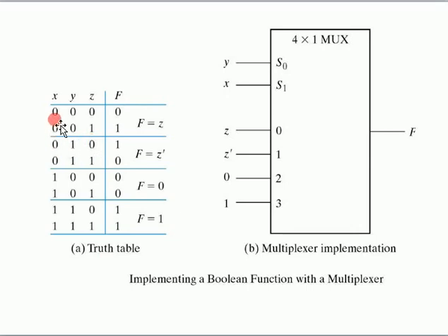So first we have 000 and 001 as one section, 010 and 011 second, 100 and 101 third, 110 and 111 fourth section. That's how we have the 4 input lines here. Now you see here, x and y are the select lines, x is S1 and y is S0, and here 0, 1, 2, 3 are the 4 input lines.